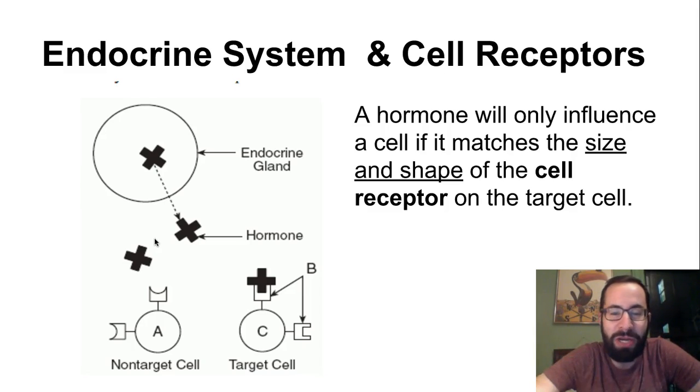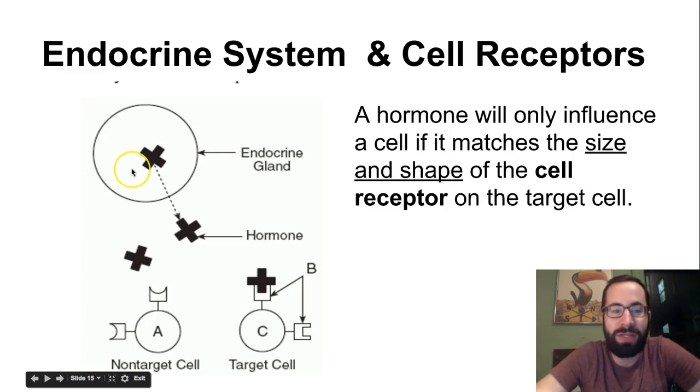Anyways, your endocrine system also works with the cell receptors. Now we saw the nervous system uses cell receptors to send the chemical messages, the electrical chemical messages. Now your endocrine system also depends on cell receptors for the transmission of their message.